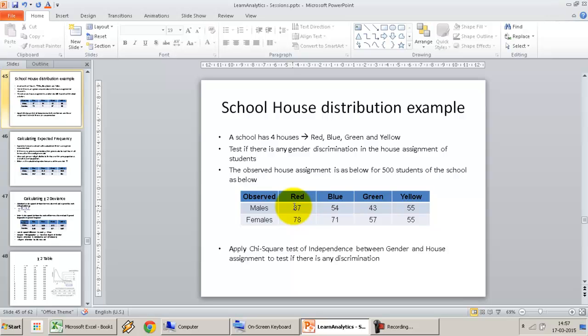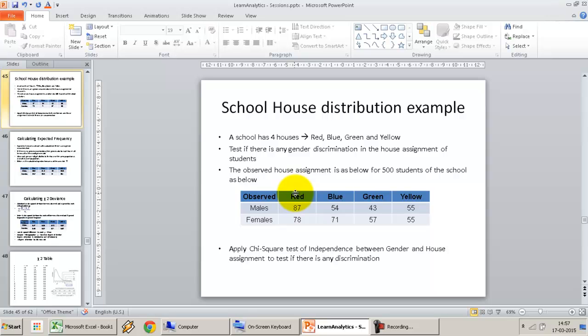So in this particular case, the null hypothesis is going to be that the two variables, the gender and house allotment, are completely independent of each other, or that there is no gender discrimination. These two variables have got nothing to do with each other. The alternative is that yes, gender does impact the house allotment, and there might be gender discrimination when we want to test it at a particular level of alpha.